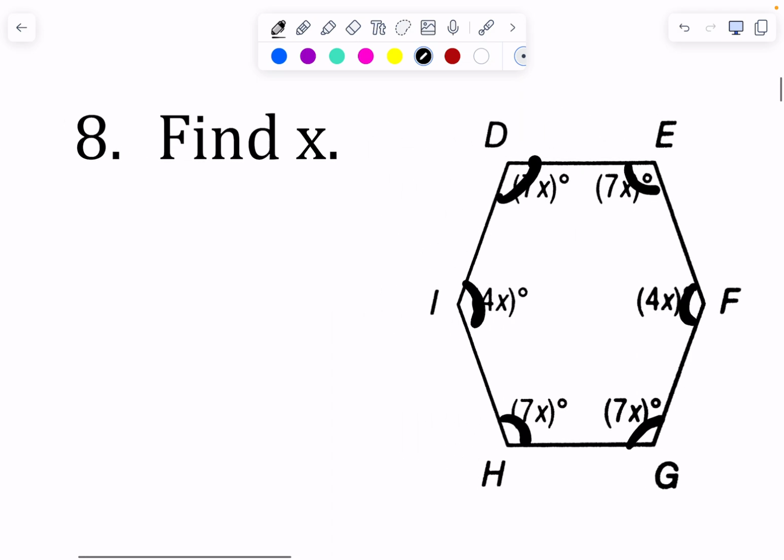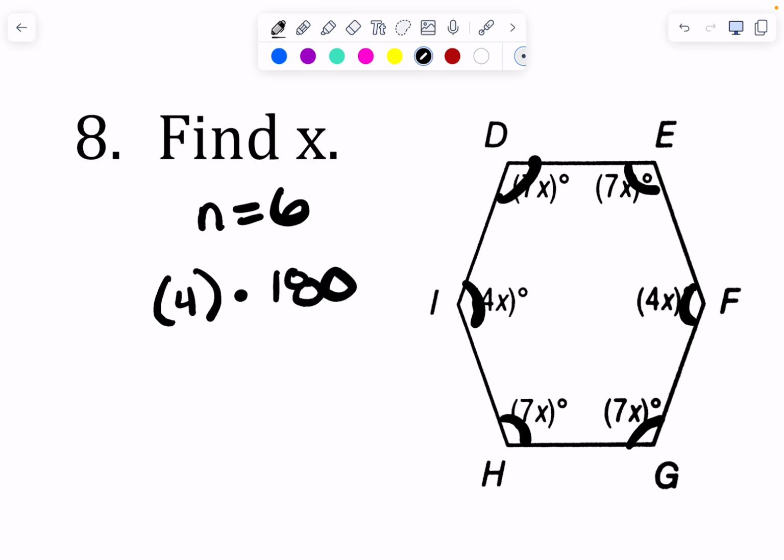If it's a 6-sided figure, so n is 6, how many degrees would that be? n minus 2 would be 4, times 180, and 4 times 180 is 720, I'm pretty sure.